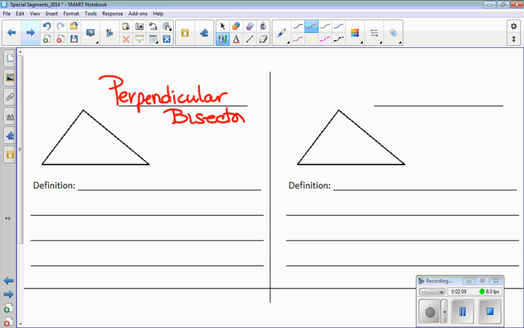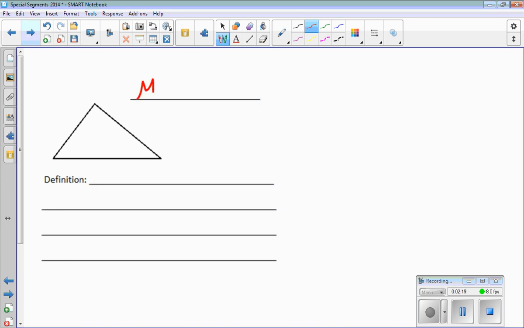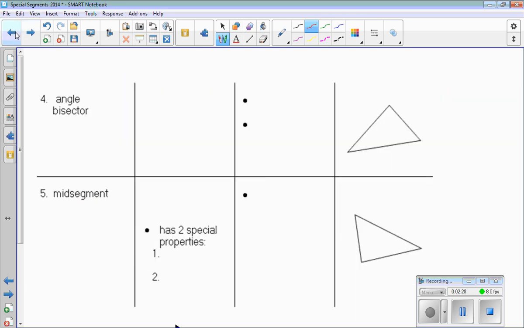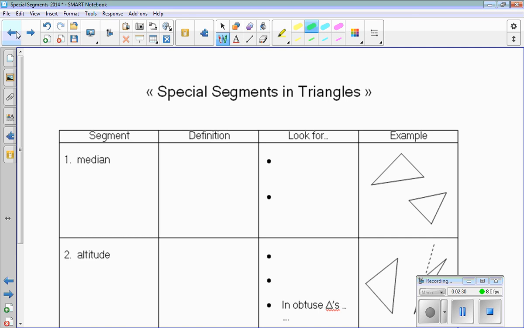Angle bisector. And I think the last one should be mid-segment, right? Okay. So just go ahead and write those things right on there for me. And then I'm going to write the definitions on the card in just a couple minutes. But what I want to do is put it all on one page here.